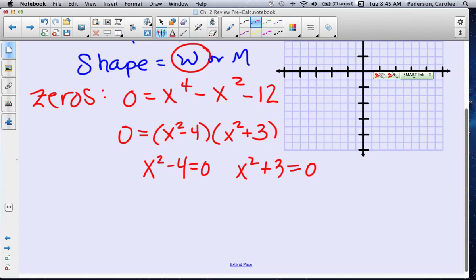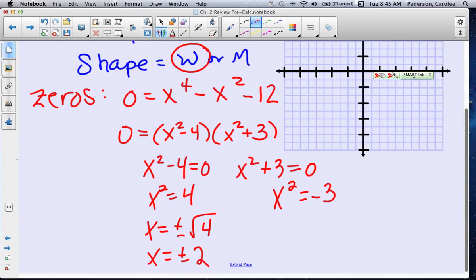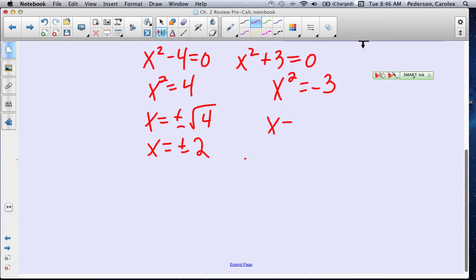You can solve by undoing, or you can continue factoring this one. x squared equals 4, so x equals plus or minus the square root of 4, which is plus or minus 2. And over here, we get x squared equals negative 3. Then we square root that one. What pops up as a radical?